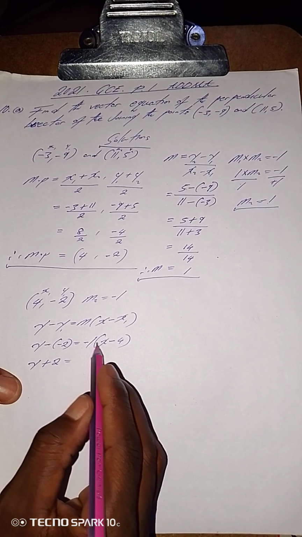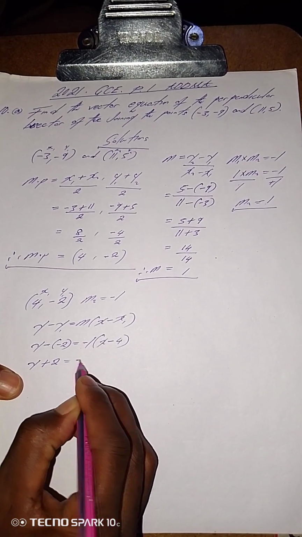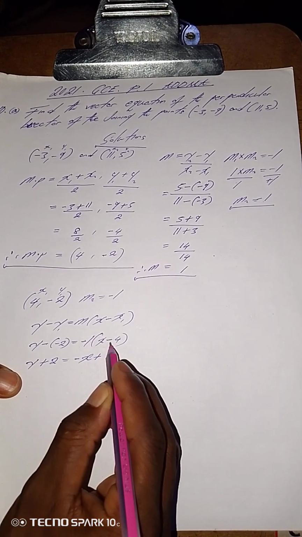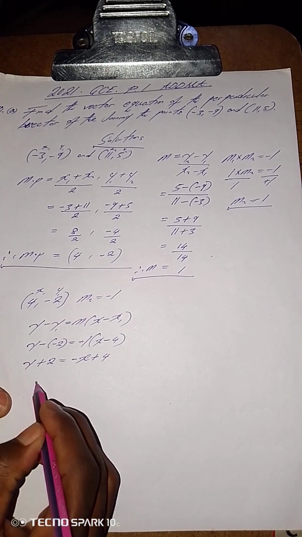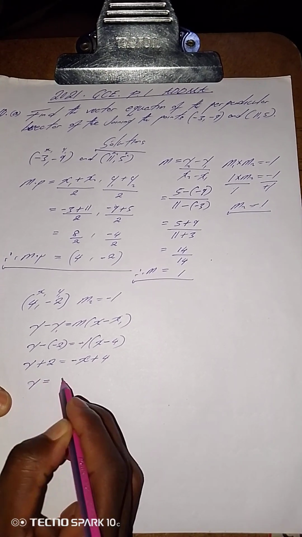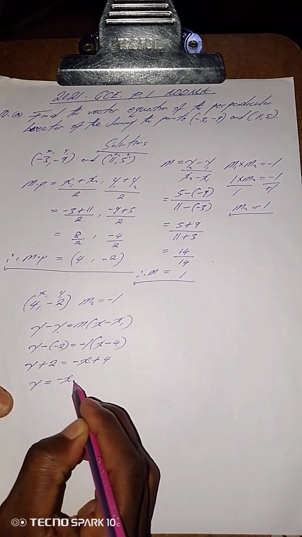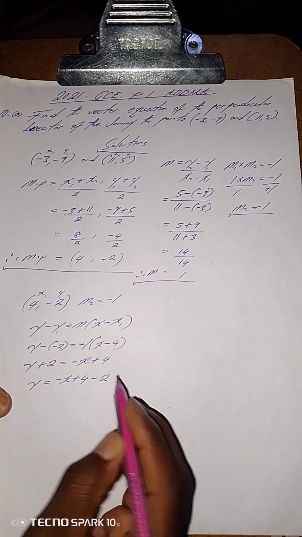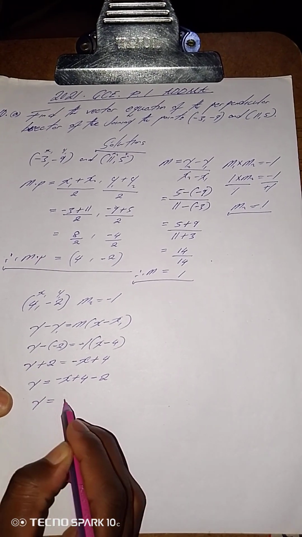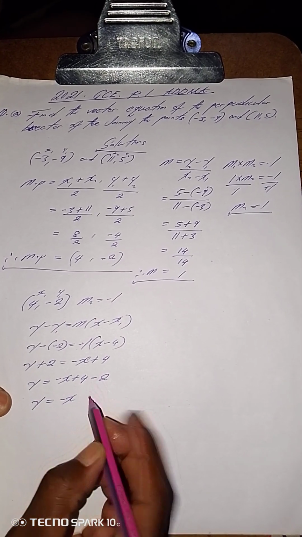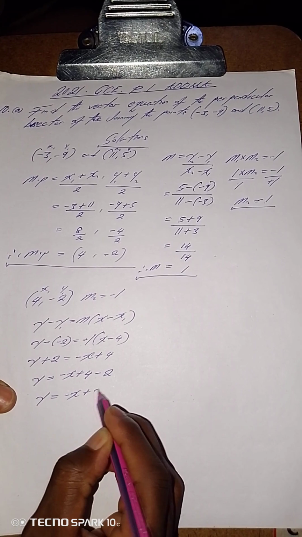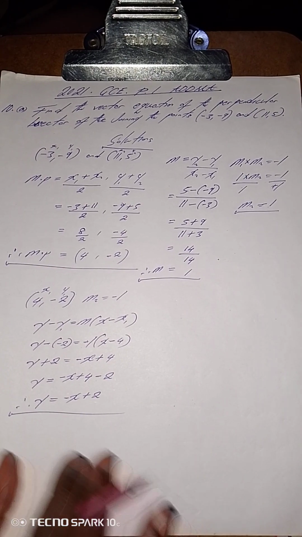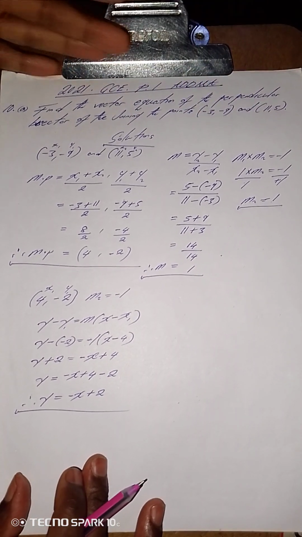In this case we have a negative times x, so we are going to have negative x. Negative times negative is positive, so 1 times 4 is 4. y equals -x plus 4. The 2, when it comes to this side, is going to be negative. So y equals -x, 4 minus 2, it's 2. So this is the equation they were looking for in this question.